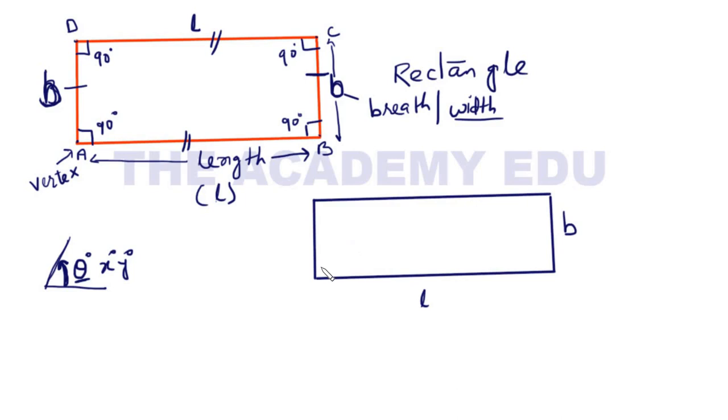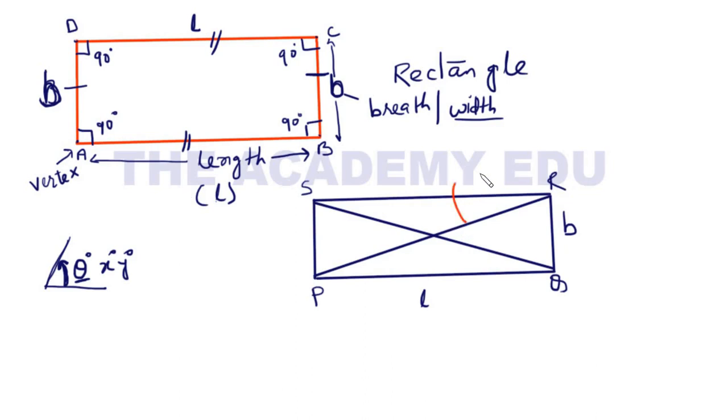And if we join this corner to this corner, and this corner to this corner, I am giving names to the vertices, this time P, Q, R, S. So this line, P to R, is called a diagonal, and it is represented by small d.